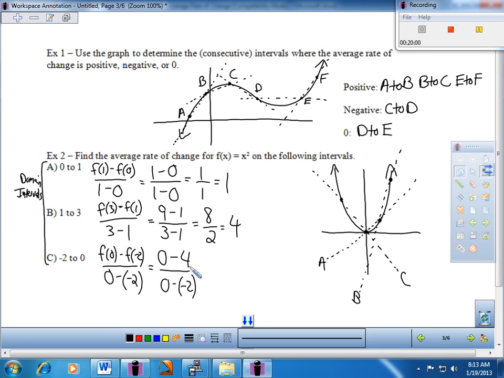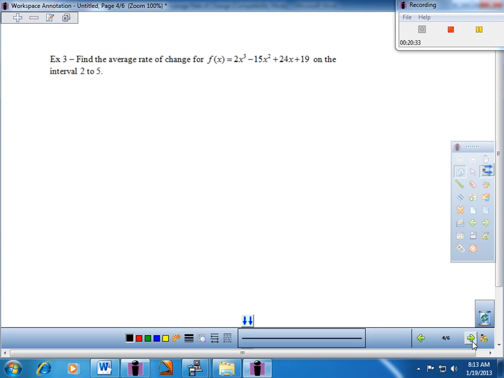And so that's what I seem to have when I plug those in and get my y values, get my outputs. 0 minus 4 is negative 4. 0 minus negative 2 is positive 2. And you can see that piece right there. So on average, from here to here, the function is decreasing by 2 as it goes over 1. Decreasing by 2 as it goes over 1, on average. Okay, good. Again, it doesn't give the whole story to what's going on between those 2 points, but it is a nice little measurement nonetheless.